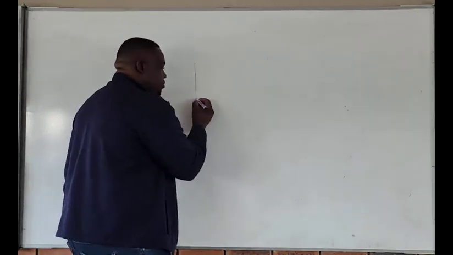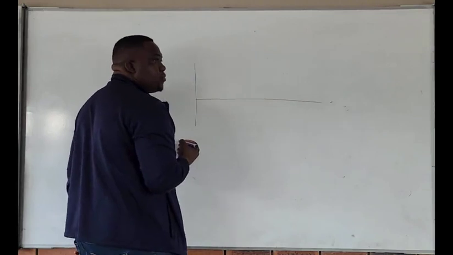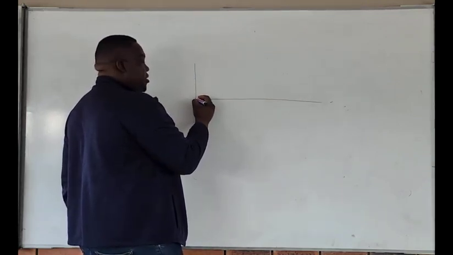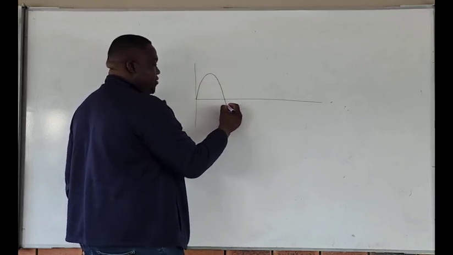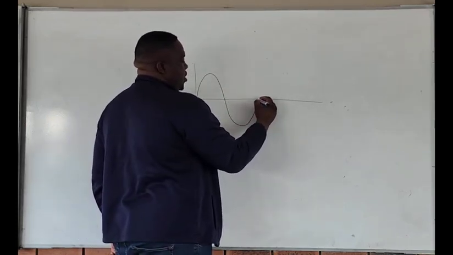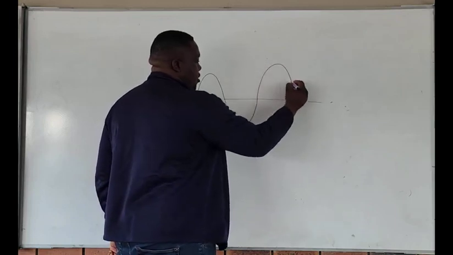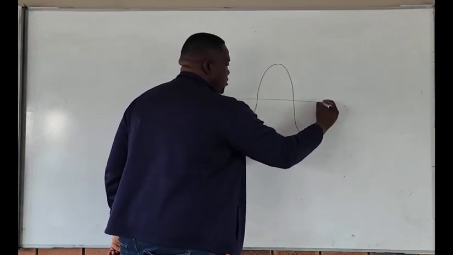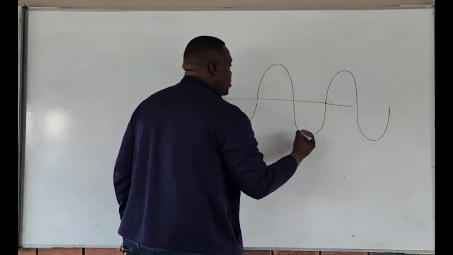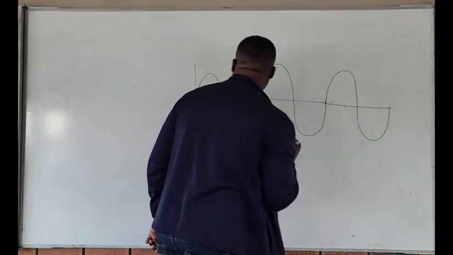Let's say I'm giving you a wave. Here it is, a longitudinal wave. Draw it as if it's a transverse wave. Then I have this. It must end where it started.